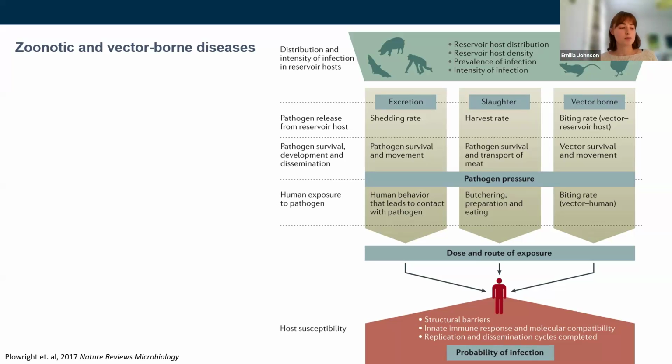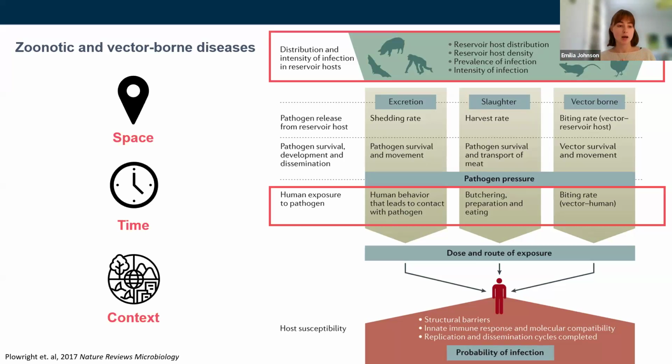And in order for these cross-species transmissions to occur, wildlife reservoirs, vectors, and humans must have the opportunity to interact in space and in time and within certain environmental contexts. So we're already starting to think about the distribution and the abundance of certain reservoirs and how they interact with other species in the same context.